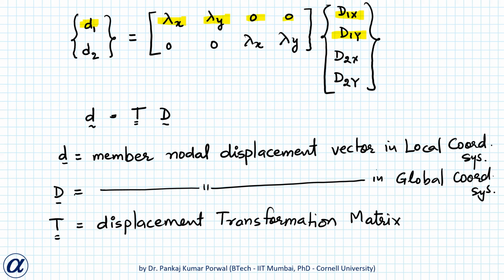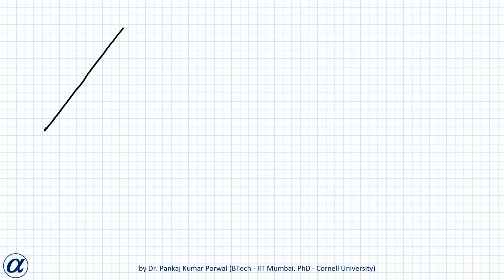Similarly, we can relate the nodal forces in local coordinate system with the nodal forces in global coordinate system. So at node 1 we have small q1 along the member, and at node 2 we have small q2 force along the member. Because the truss members can only support axial forces, there will be no other component of force on this member in local coordinate system, and these forces we can resolve in global coordinate directions.